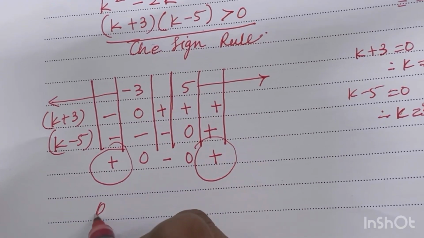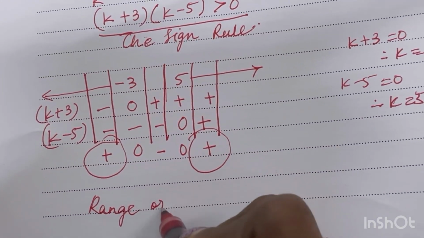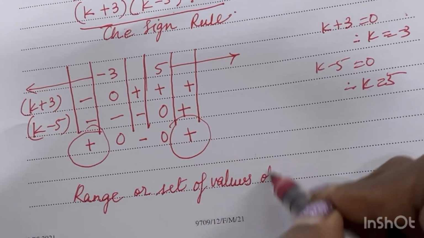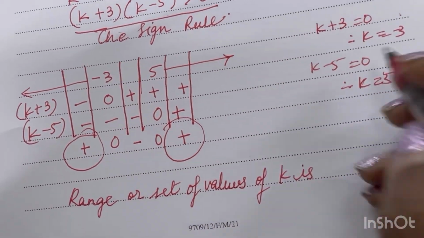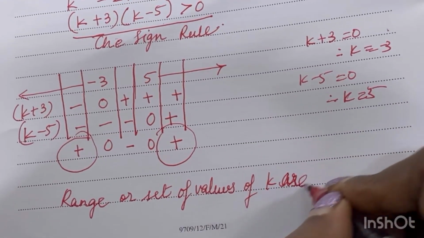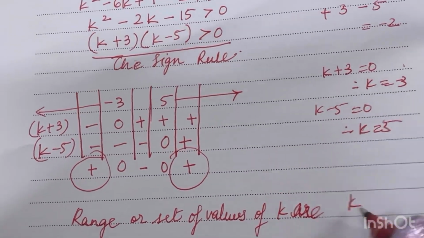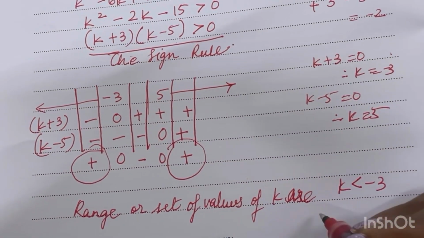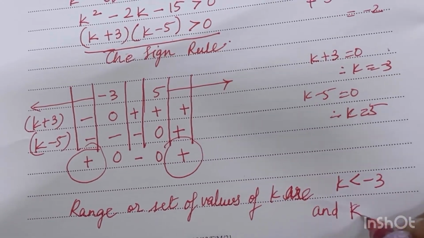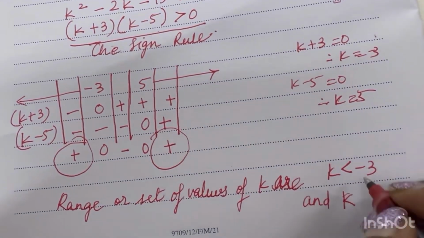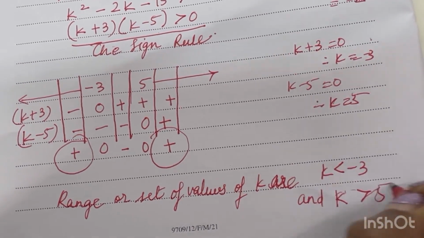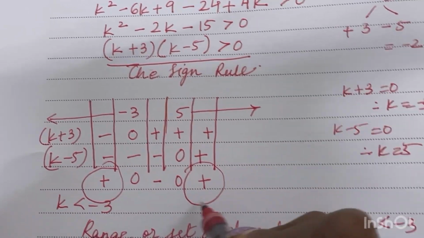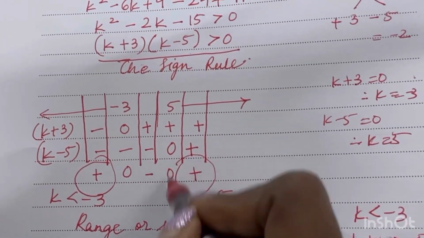So how do I write the range or set of values of k? k must be less than negative 3 and k must be greater than 5. So what is our expression finally? k must be less than negative 3 and k must be greater than 5 for positive.